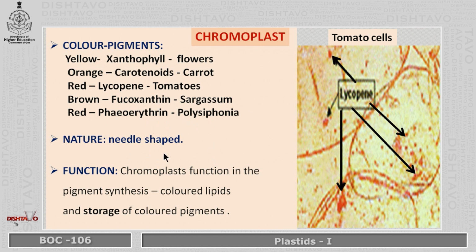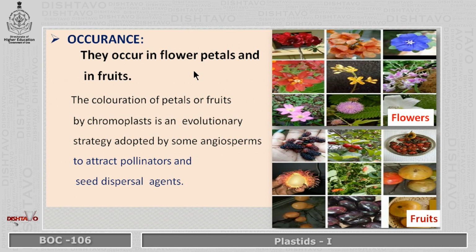So all colored pigment plastids we call chromoplasts, and their function is to prepare the colored compounds and store them for different purposes.